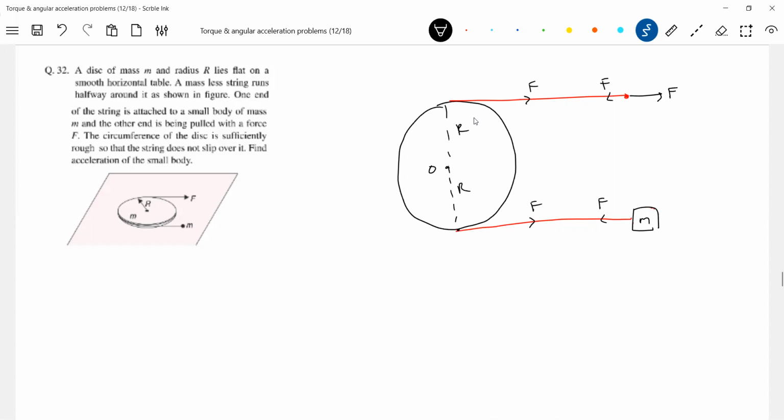Will you put the same F or a different F? I said earlier, please do make observations. The disk has a mass, no? Mass of the disk is M. A disk of mass M and radius R. Now, will you put the same F on either side of the string, because the string is passing over it?